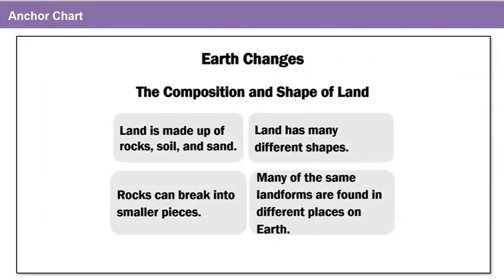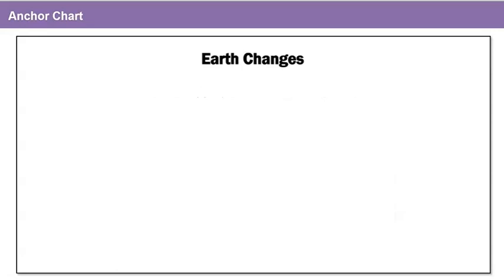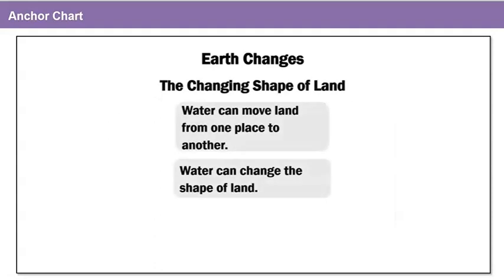Let's update our anchor chart with what we've learned about how wind can affect land. We have already recorded our learning about the composition and shape of land. And we have started to add our learning about how water can affect land. What should we say about wind?